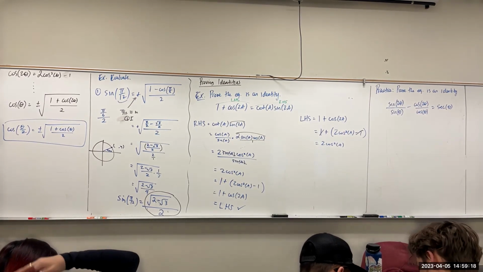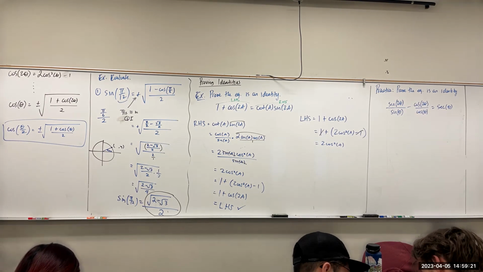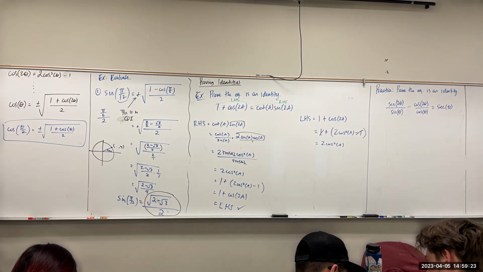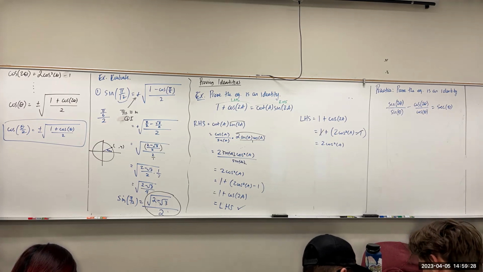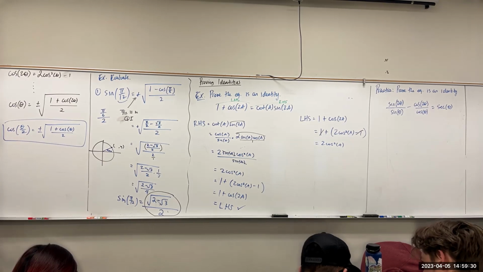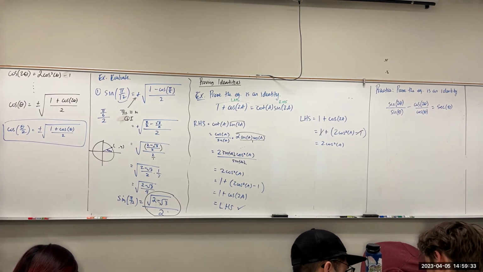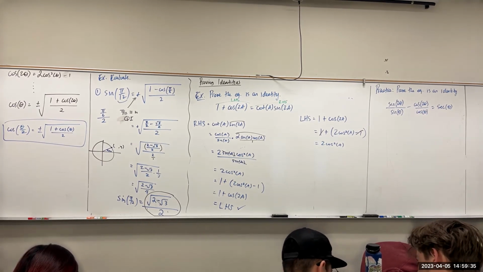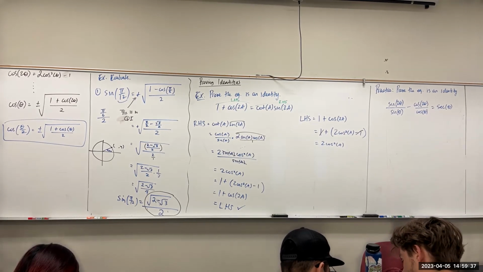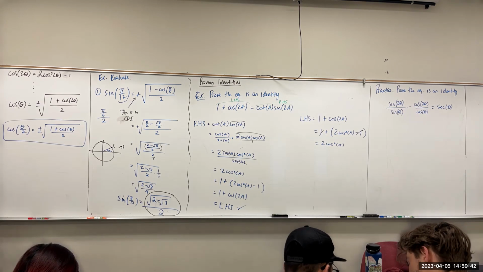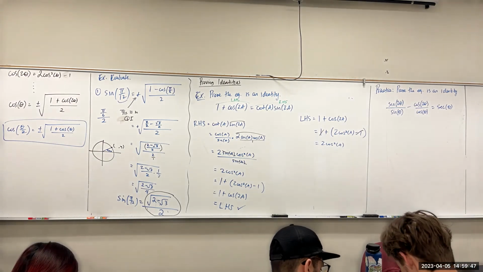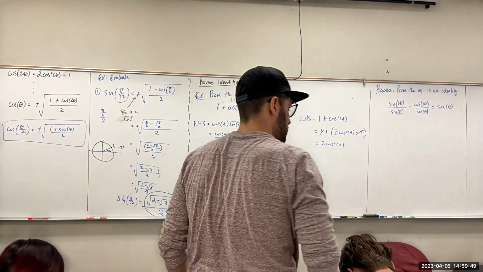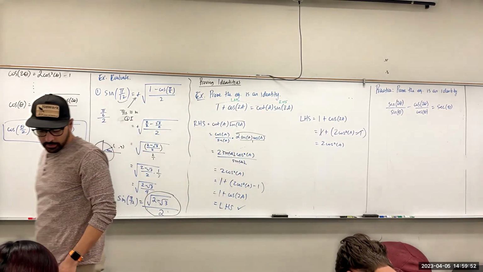If you do that, these two multiply, cosine squared theta. And then here, this sine theta is sine, and then minus sine theta. And then you're going to have a sine theta factor. See what happens? Yep.